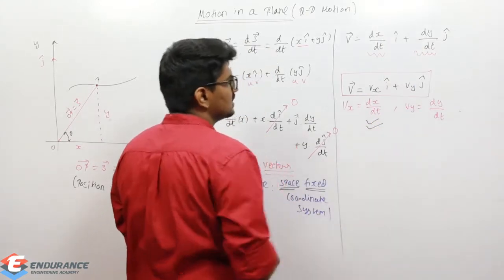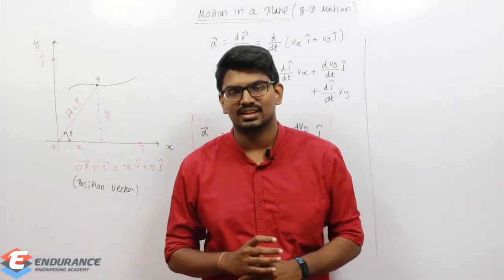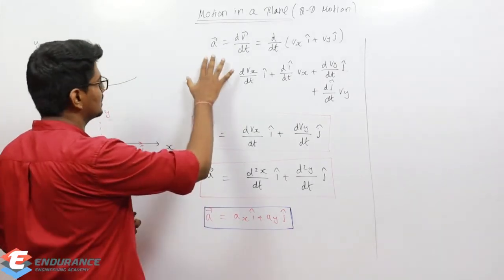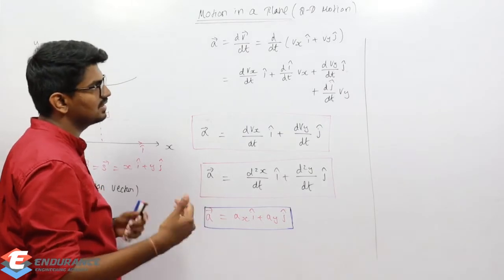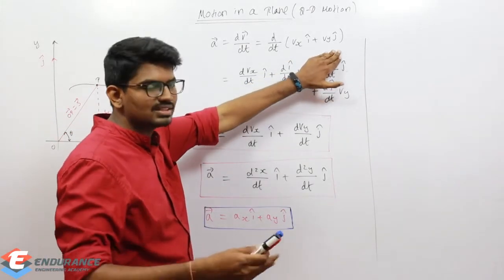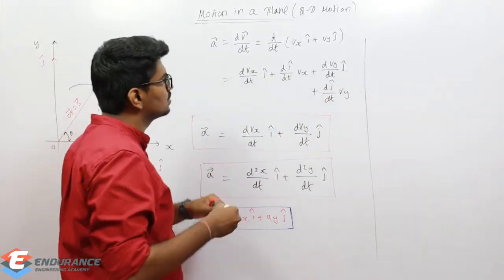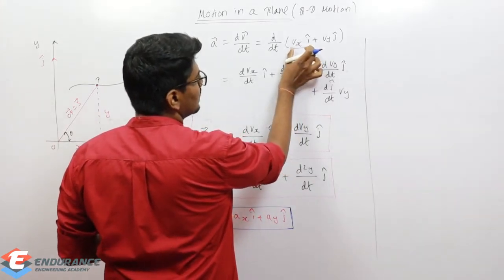Let us see acceleration also. So now we will find the acceleration vector. Very simple. Again, we know the basic formula: acceleration is nothing but the rate of change of velocity, and the velocity vector we just saw, we can write as vx i cap plus vy j cap. First I need to differentiate this.